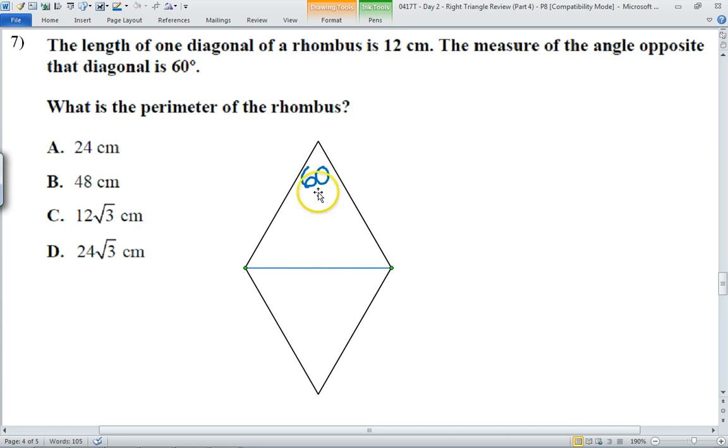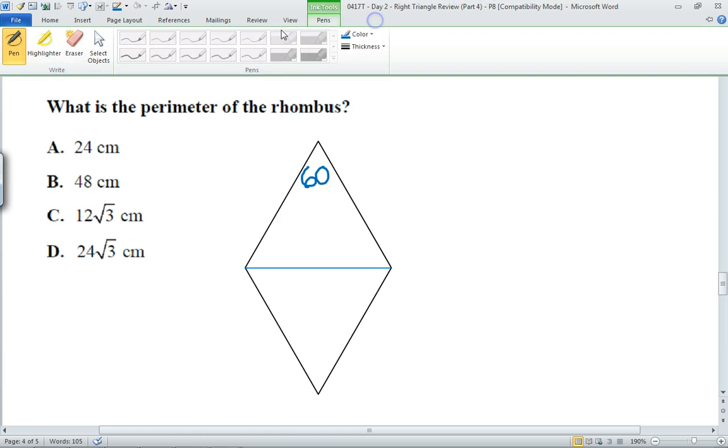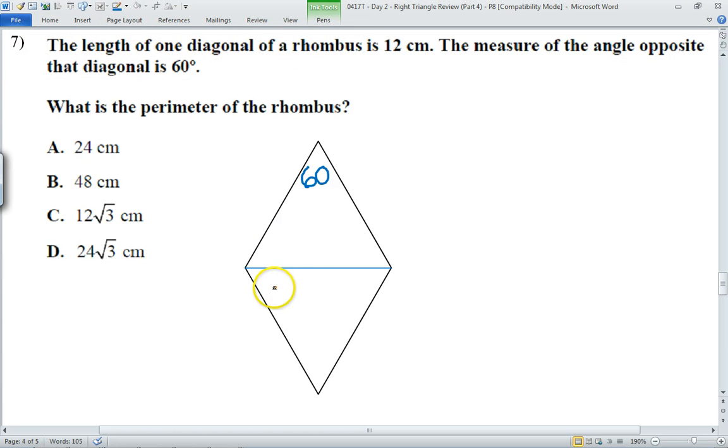I've got the diagonal that's across from it. That's opposite the 60 degrees. So that's what I have so far. They say the length of that one diagonal is 12 centimeters. Great. That means I've got 12 centimeters right here. So this is 12. Okay, that is fine and dandy.